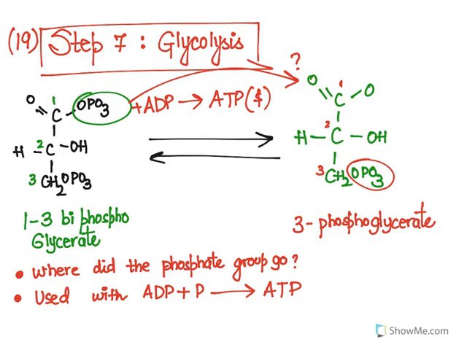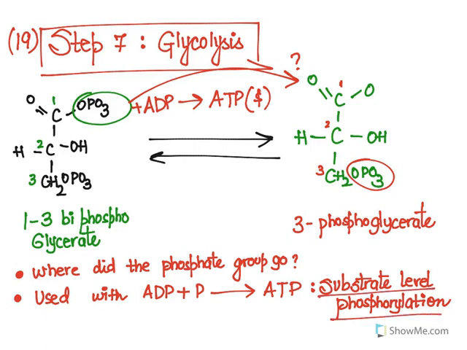And this process is also called substrate level phosphorylation. And the enzyme for this reaction is going to be called phosphoglycerate kinase.